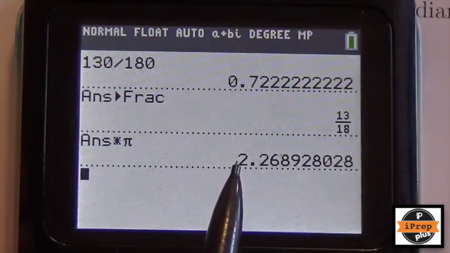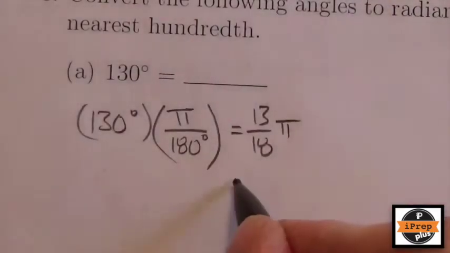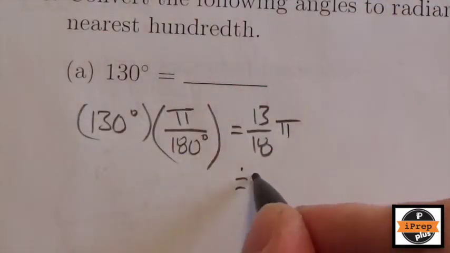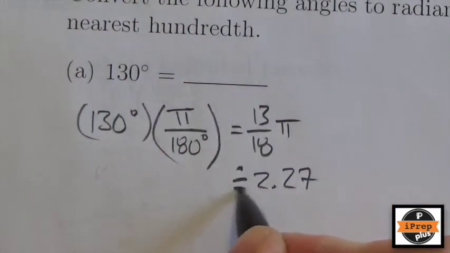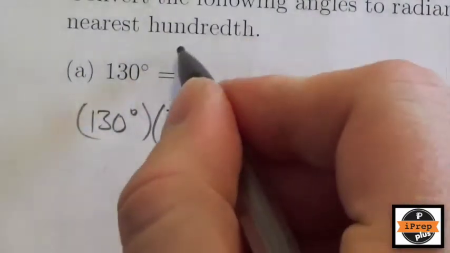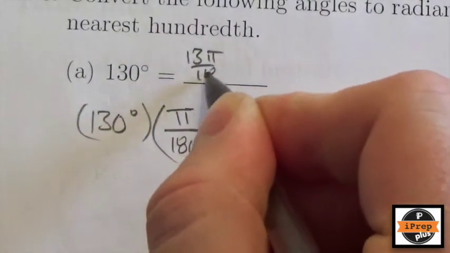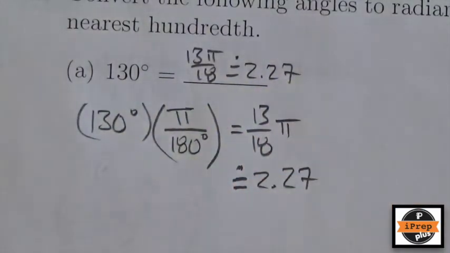To the nearest hundredth will be 2.27. Just round the ones there. So this is now going to be approximately 2.27. So those are the two values that we want to get: it's exactly equal to 13 pi over 18, and it's approximately equal to 2.27.